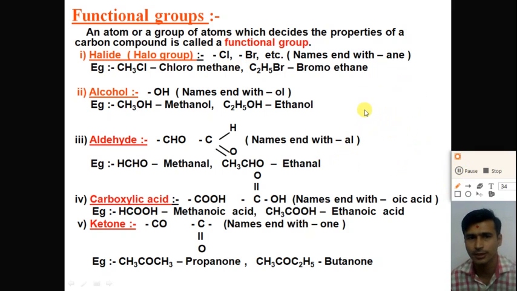Similarly, dear student, if you consider ethane, the molecular formula of ethane is C2H6, right?